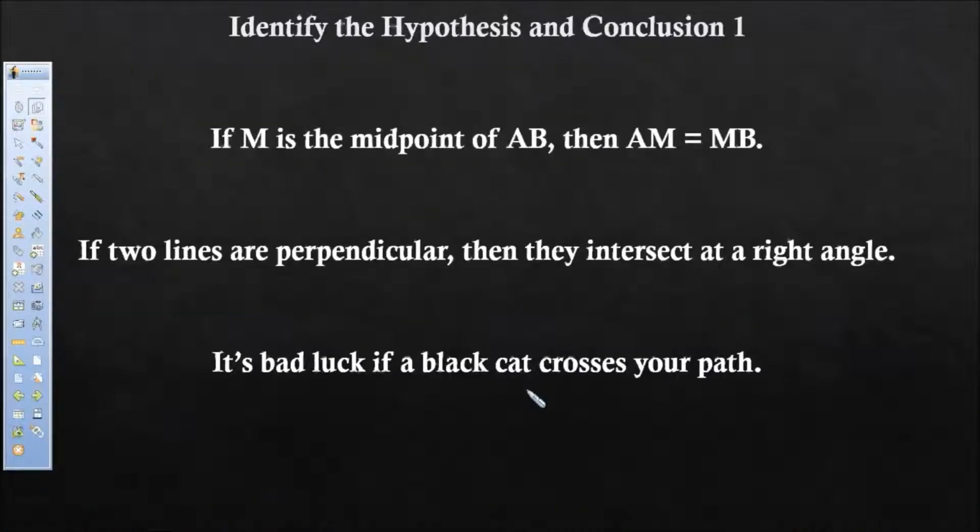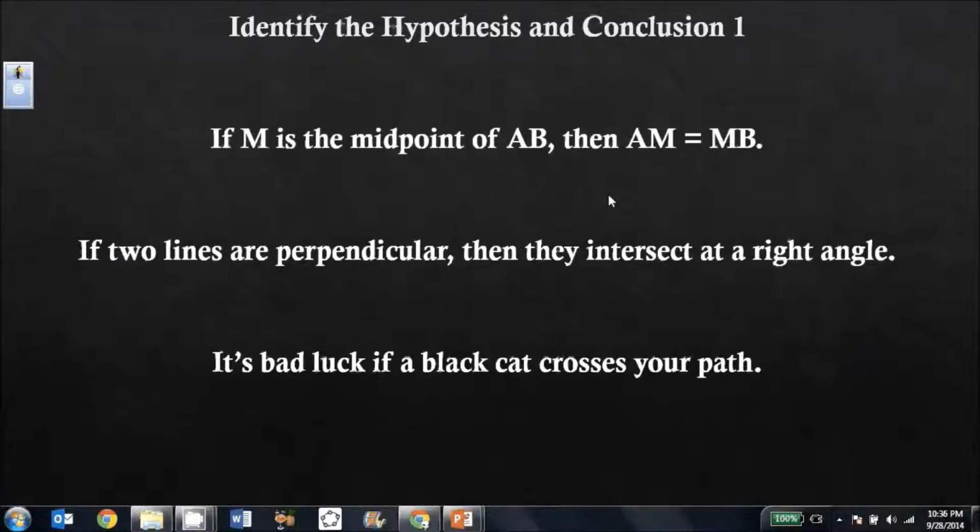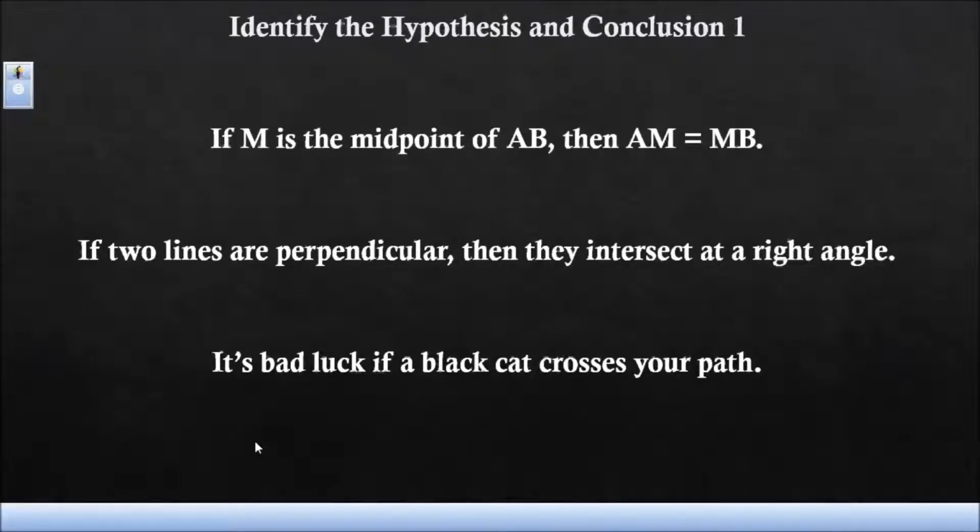Now, we want to identify the hypothesis and the conclusion of these statements. The hypothesis of this first statement is M is the midpoint of AB, and the conclusion is AM equals MB.